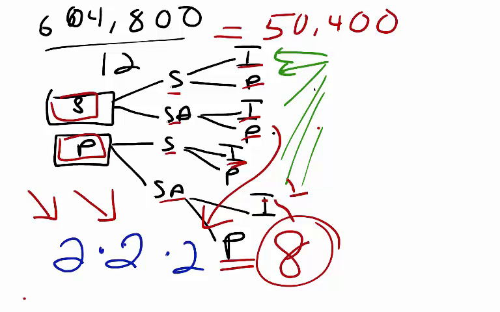Eight choices for our meal combinations. 2 times 2 times 2, which equals 8. This concludes our example. I hope you found it helpful, and we'll see you next time.